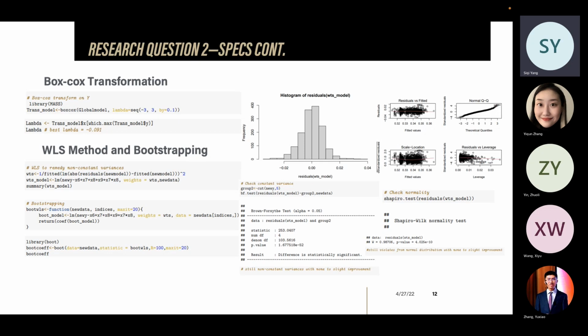Bootstrapping was also applied to the method to compare the confidence intervals. Improvements existed but were not obvious. So considering the efficiency of the project and that potential diagnostic and remedial measures have been performed, we decided to go for the hypothesis with the Box-Cox and WLS model. And next one, please.